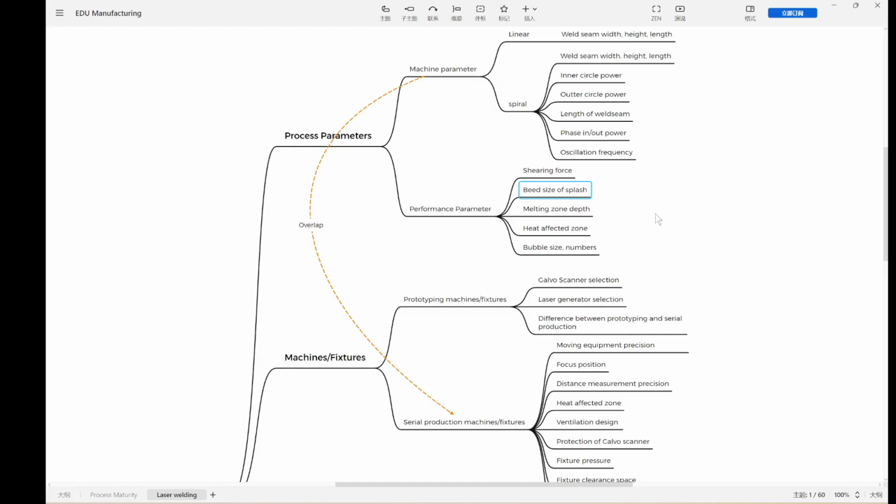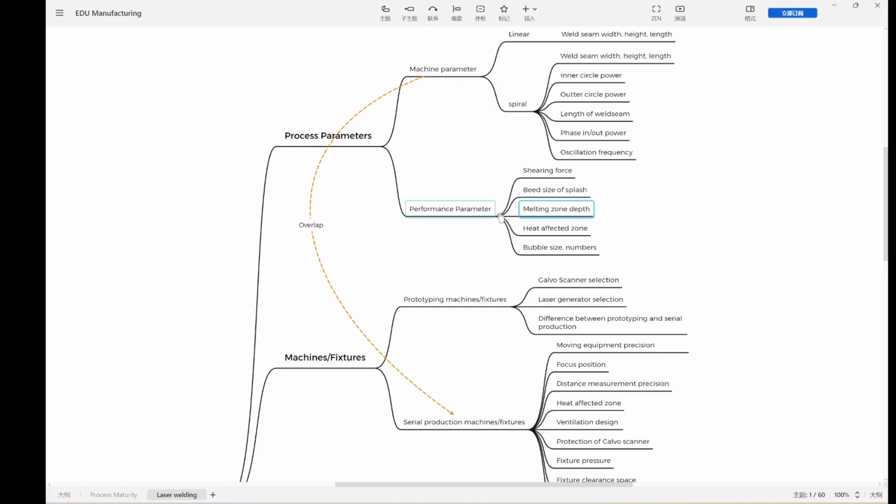During the welding of copper, the liquid copper may form into a bead, and the size of the bead is very crucial in electronic devices because it may cause a short circuit on the PCB board. You need to be very careful. So how to control the bead size and how to control the splash? There are a lot of methodologies to do this.